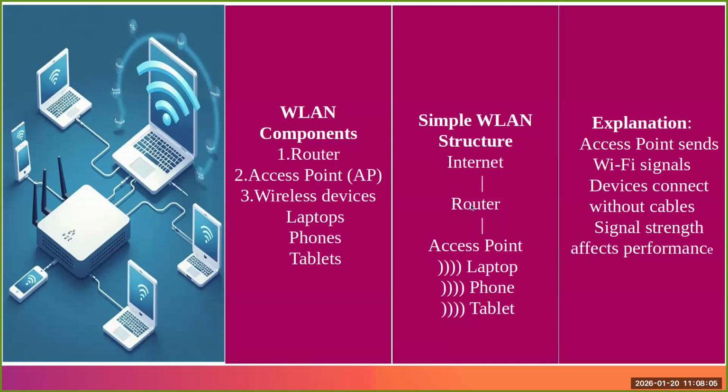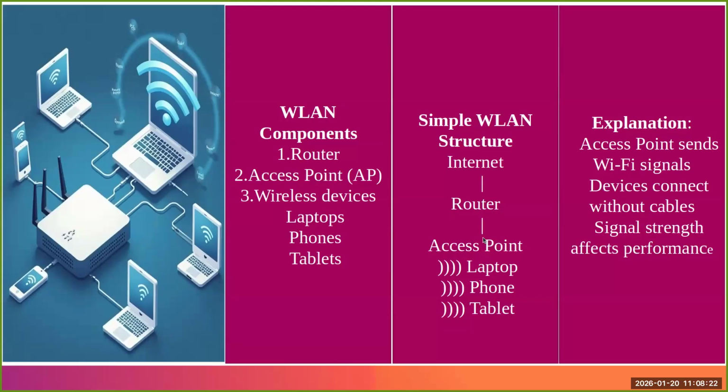Now, if you look at this structure we have down here, in this middle here, we can actually put in a switch between the router and the access points. We can bring in a switch.